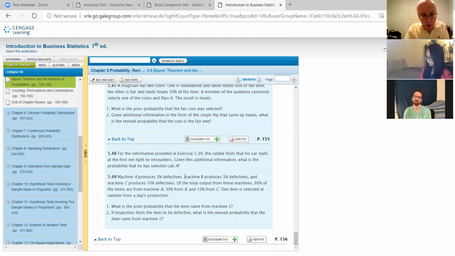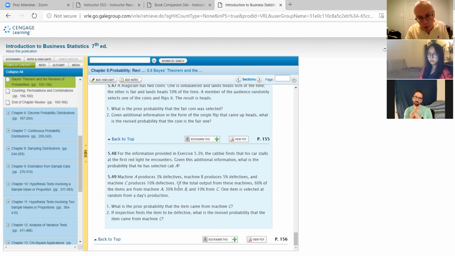Because this is a manufacturing process, they're going to check for defective product. And they found that over time, machine A produces 3% defective product, machine B 5% defective, and machine C 10% defective.